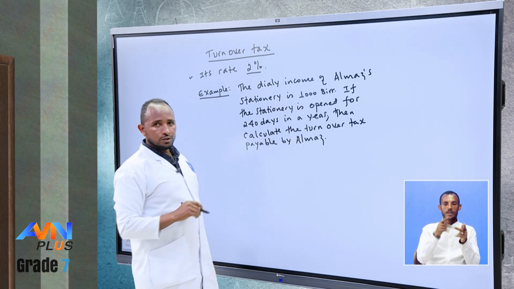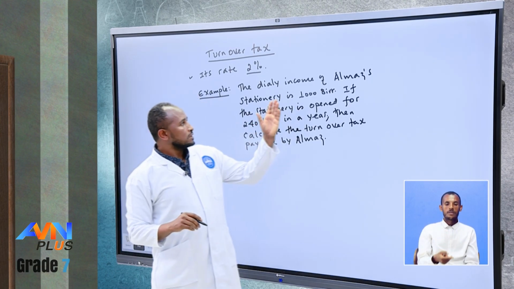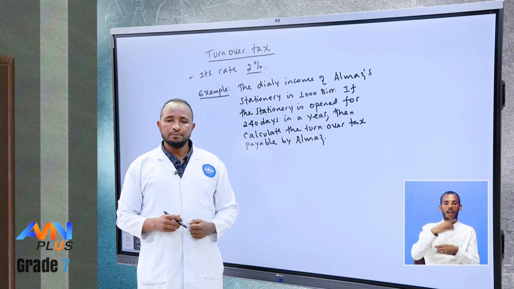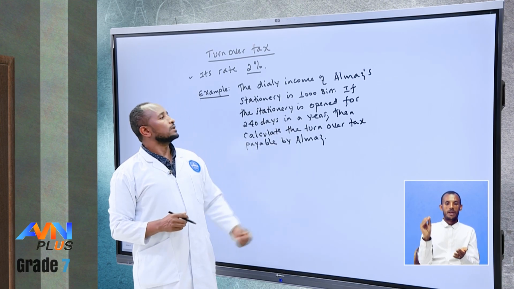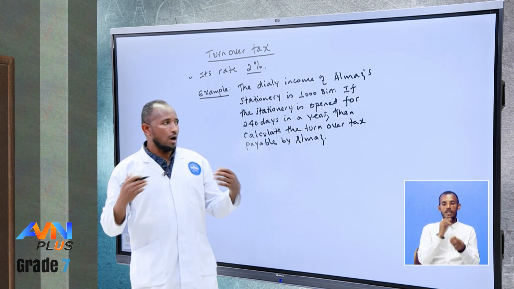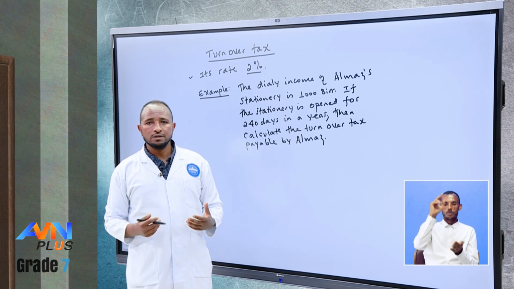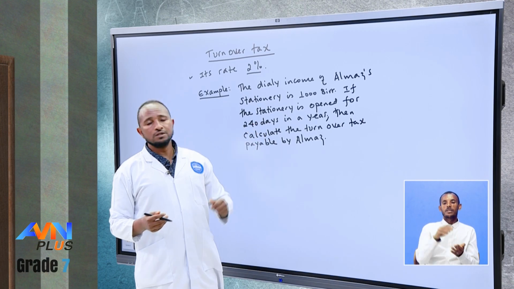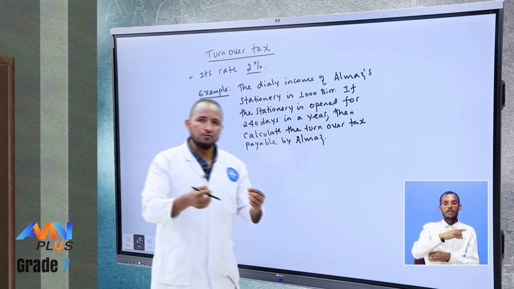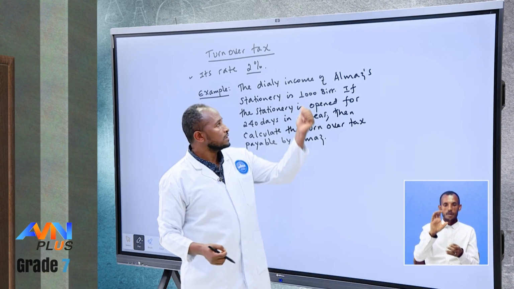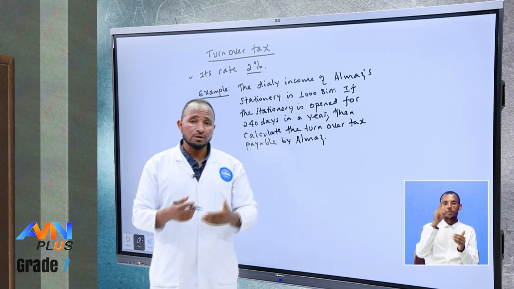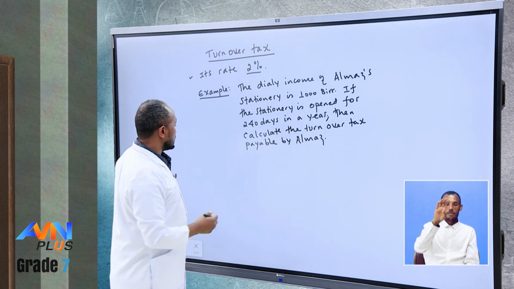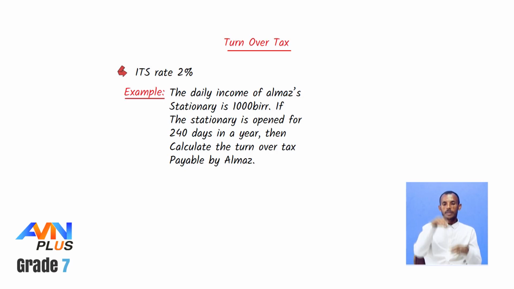Okay, this is a question. Here, the stationery's daily income is 1,000, and this stationery is open for 240 days. So the income for 240 days will be 1,000 times 240.